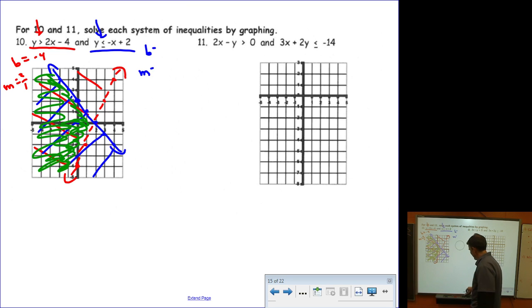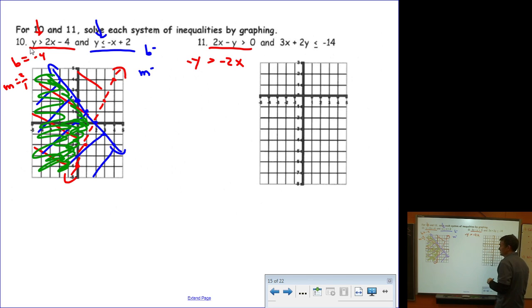We go to problem 11. Problem 11 is not in slope-intercept form. If I were to put it in slope-intercept form, first I would subtract 2x from both sides. And now this is the big thing, maybe, if you're shading by using the symbol. If I divide by -1, I get y, but you got to remember, since you divided by a negative, you got to flip the inequality, and you get y is less than 2x.